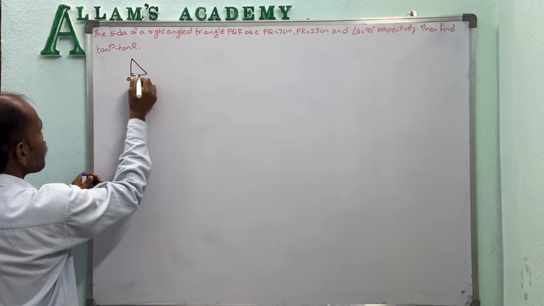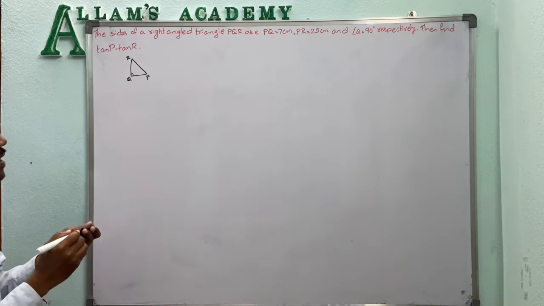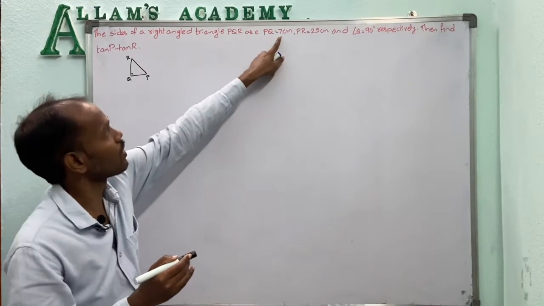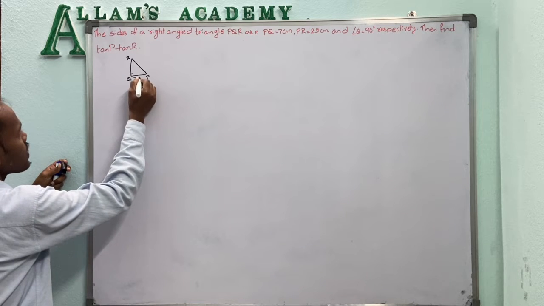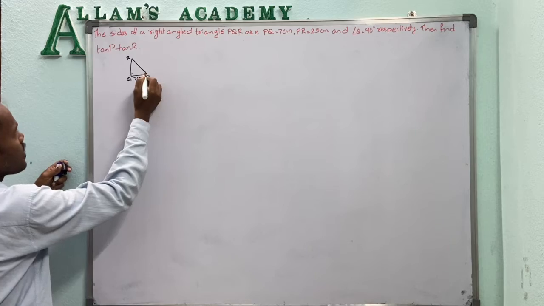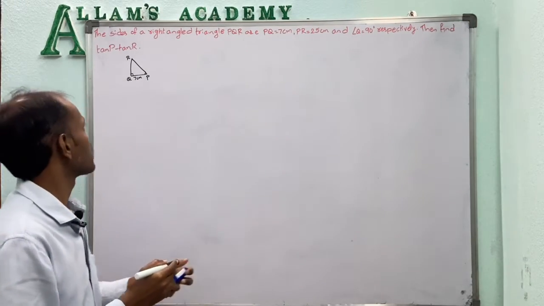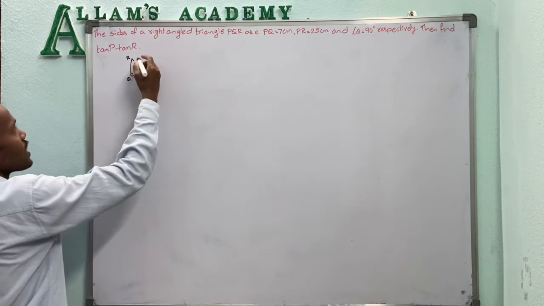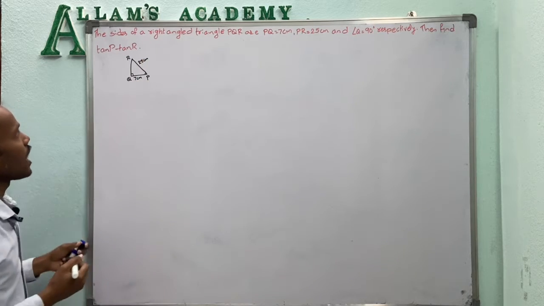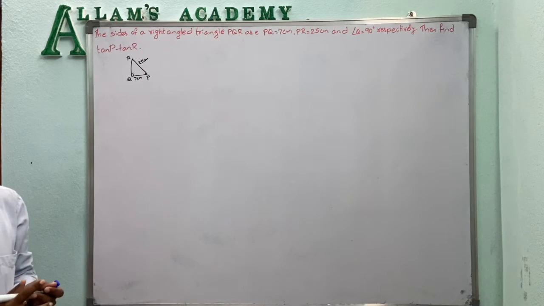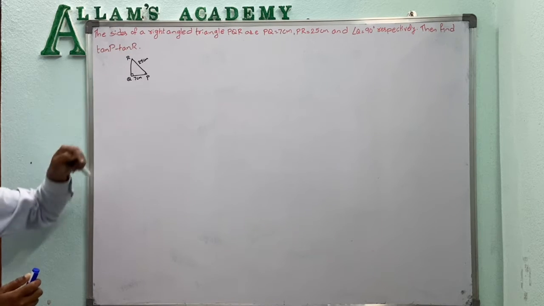PQ equal to 7 centimeters is the base of the triangle, and PR equal to 25 centimeters is the hypotenuse. Then we have to find tan P minus tan R.